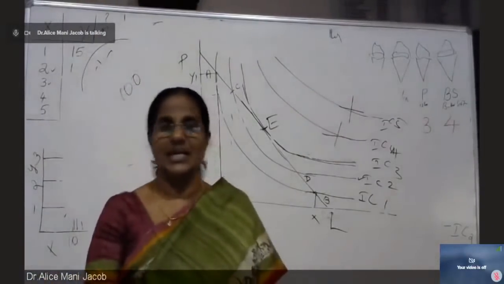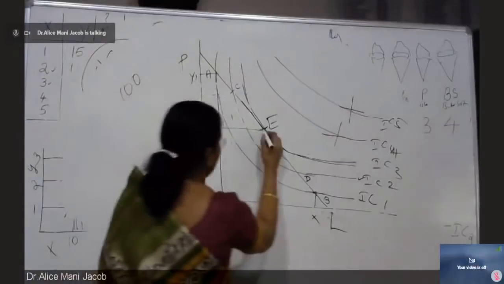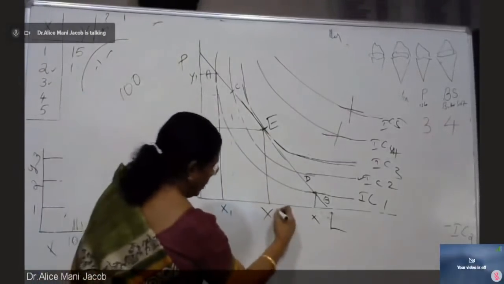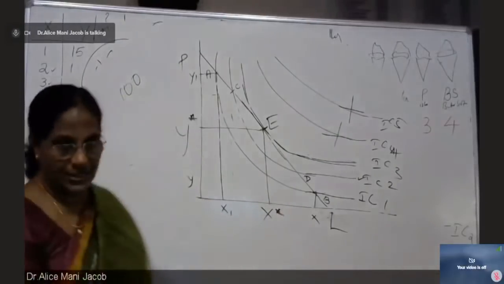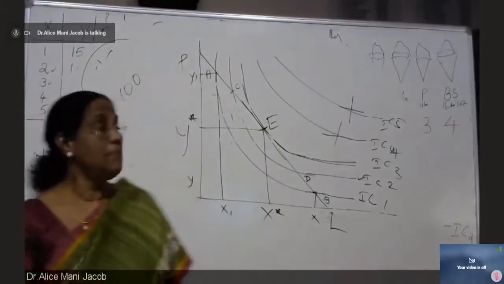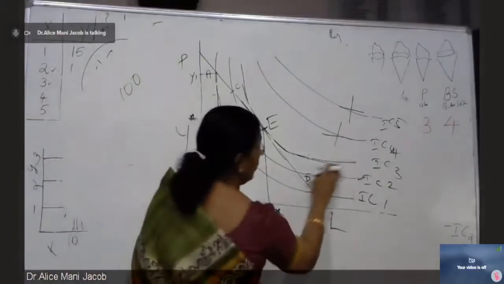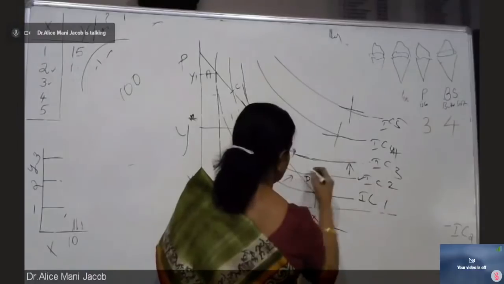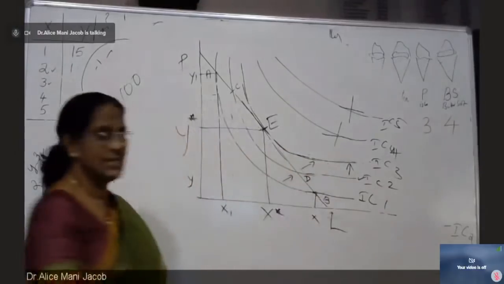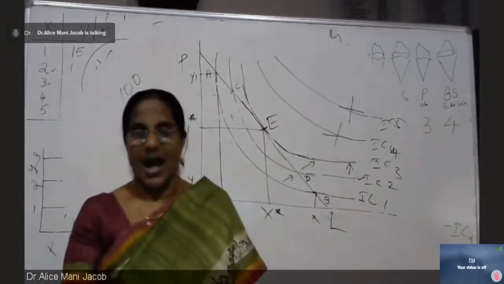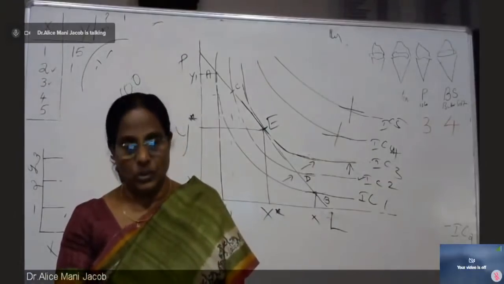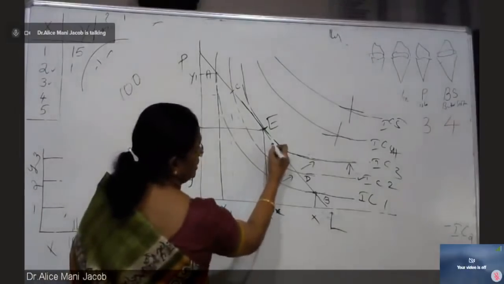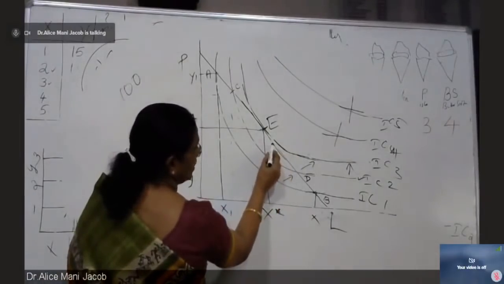Now let me see, I make one more rearrangement and I reach point E. At point E, I am consuming OY star of ice cream and OX star of chocolate. Am I happier? Yes. I have moved from IC2 to IC3. Okay. From IC1 now I have moved to IC3. And is it possible for me to go any other rearrangement? For example, if I go to this point, there's a lower indifference curve.